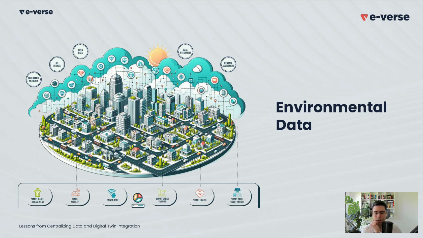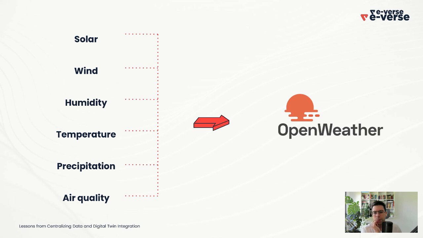We did the same with environmental data, which is something that most owners don't do, but we get data from OpenWeather on solar data, wind, humidity, temperature, precipitation, and air quality on each of our facilities.